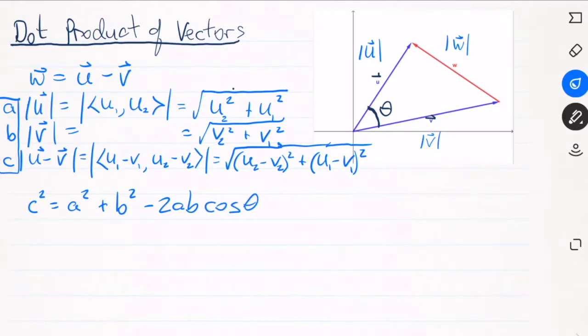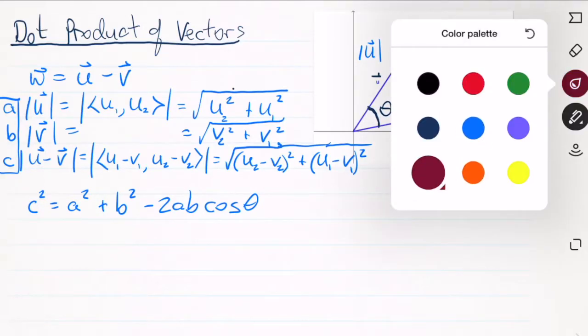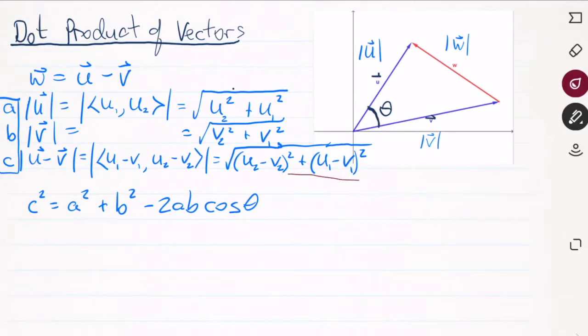So C is represented by, change colors here, this ugly square root, but it's going to be squared, so the square root goes away, and we're going to be left with u2 minus v2 squared plus u1 minus v1 squared.